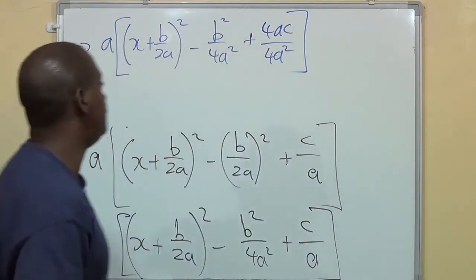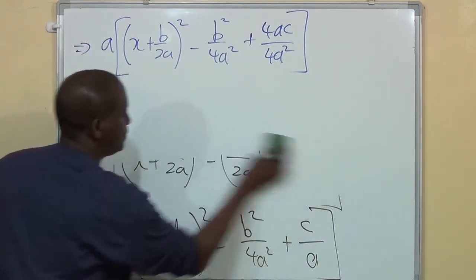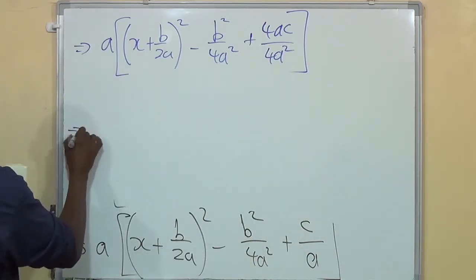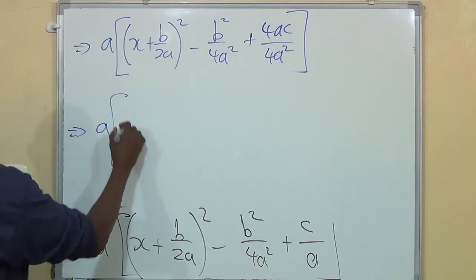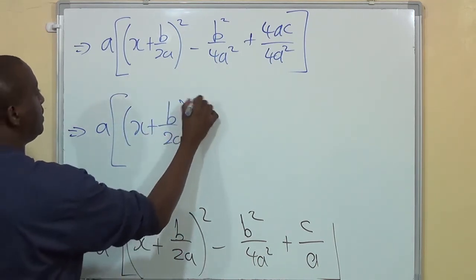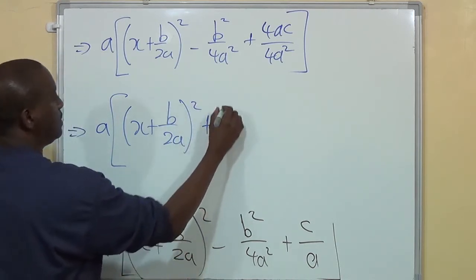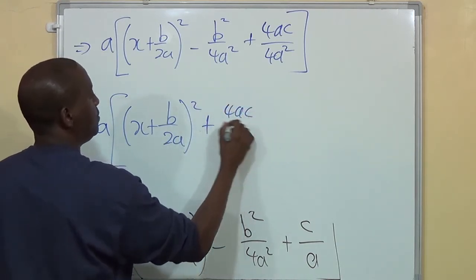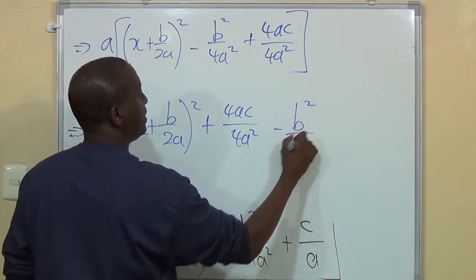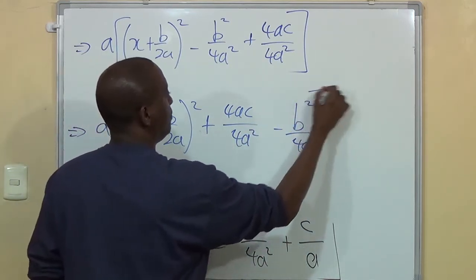Alright? So you go in again. This is the same thing as a into x plus b over 2a squared plus 4ac over 4a squared minus b squared over 4a squared.